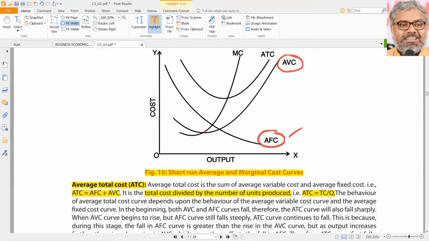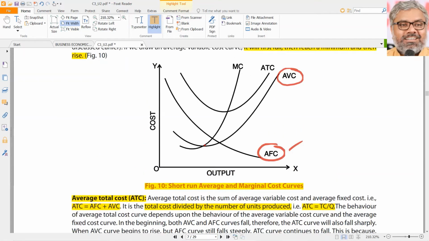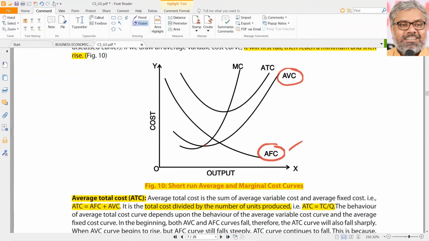If you observe this average total cost curve, what happened here is, initially the average total cost curve was going down, and after some time it started going up. Once again, why is it going down? Why is it going up? We have to observe. And where it started going up, that also we have to observe.